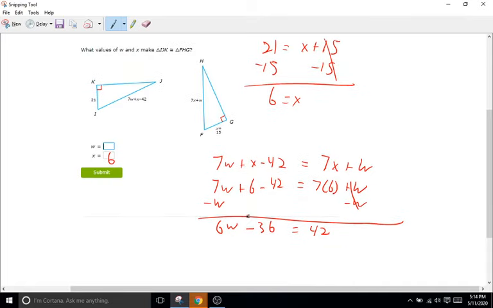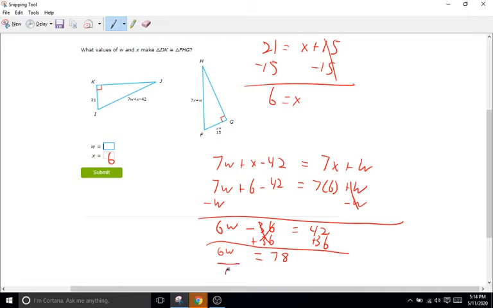Okay, now we're going to combine like terms again. There's just one w here, 6w, so we'll leave that alone. So we'll do 6w. We'll add 36 to both sides. Cancels out. 6w equals 42 plus 36, which is 78.